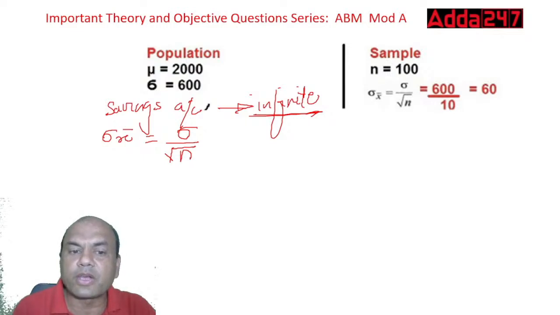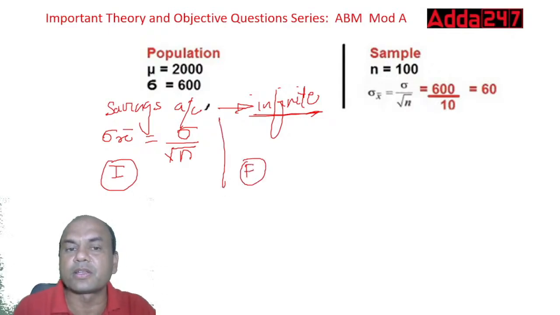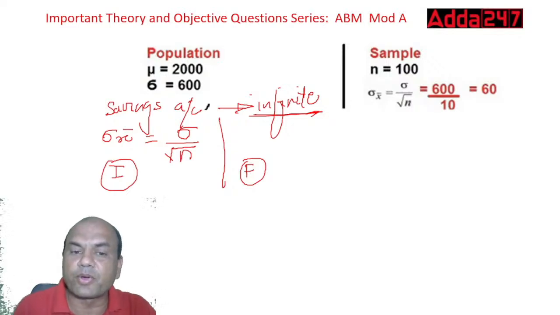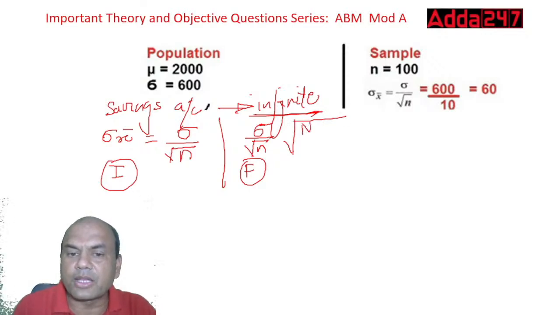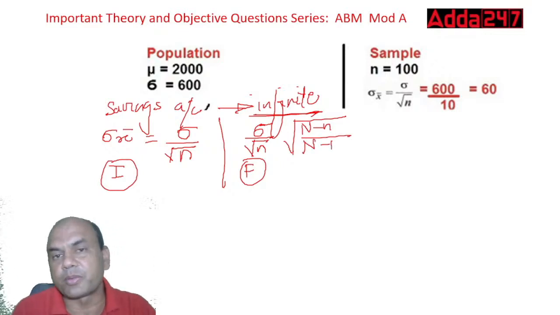And if it is a finite population, meaning a known population, 1 lakh savings accounts, 50,000 savings accounts, then it becomes the same, sigma upon root of n, into the square root of capital N minus small n upon capital N minus 1. This is for a finite population.